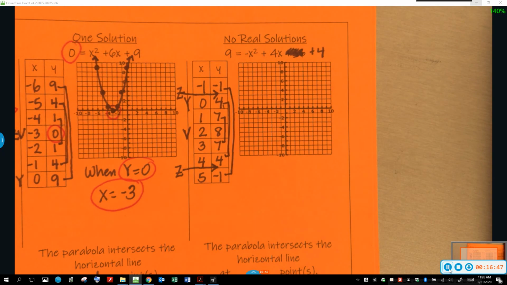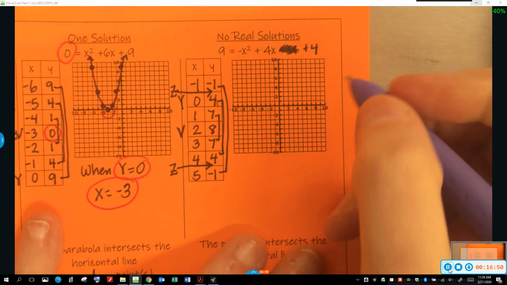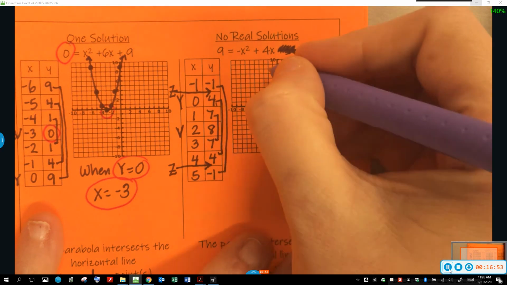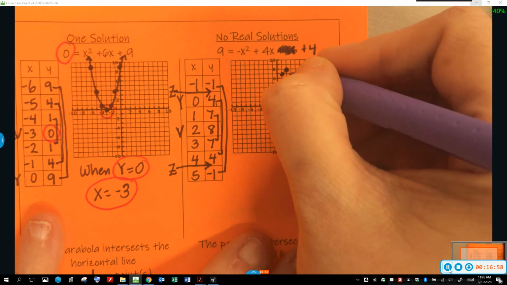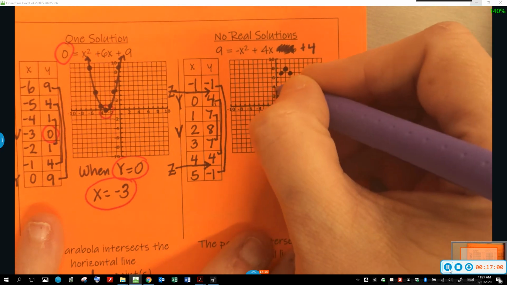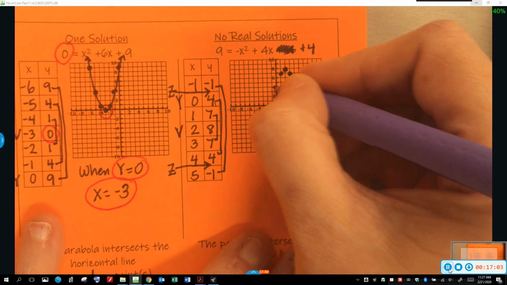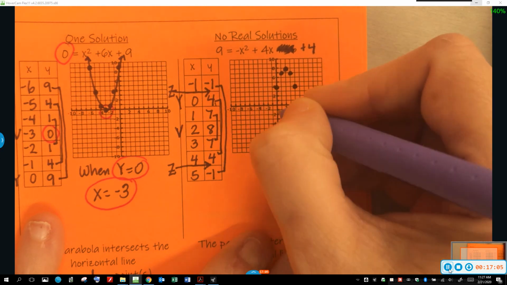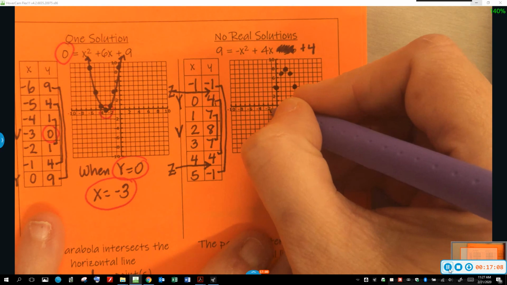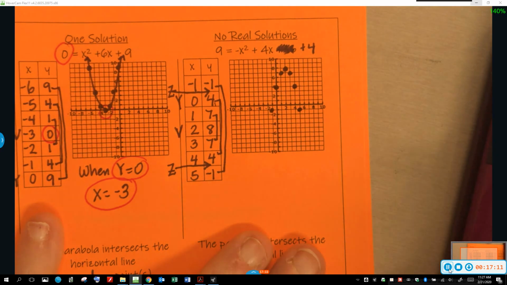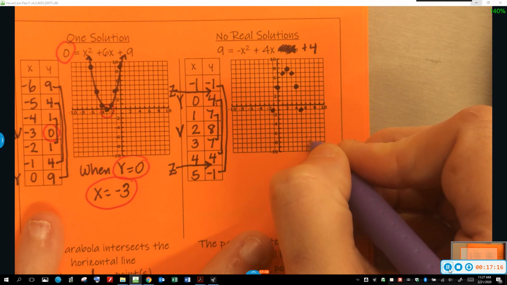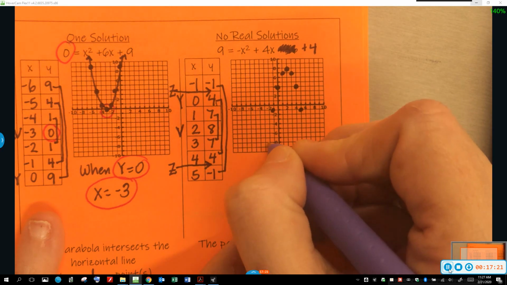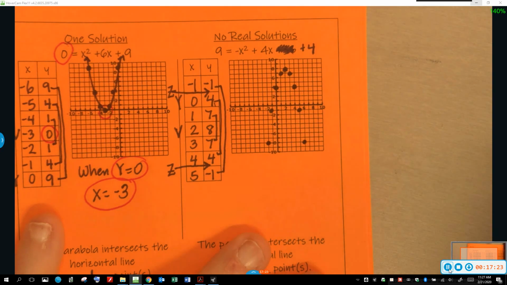Okay. It's going to be something. I forgot what it's called, but it's going to be something. Again, I'm going to go ahead and plot 6, negative 8, and negative 2, negative 8, just so I can see the shape of the parabola a little bit better.